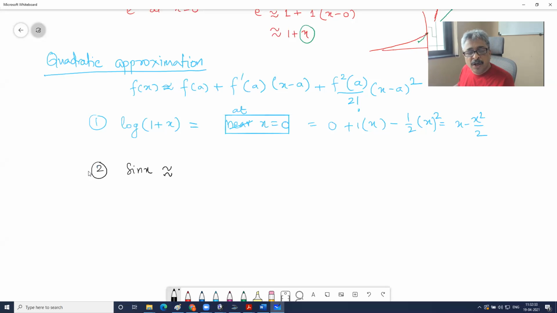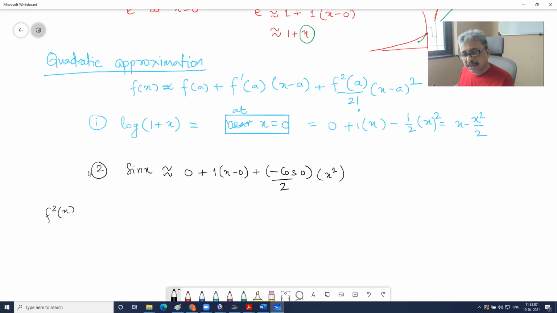So sin 0 is 0, plus cos 0 is 1 into x minus 0, plus the third term, the second derivative of sin x, which is minus sin x, so minus sin 0, divided by 2 into x square.